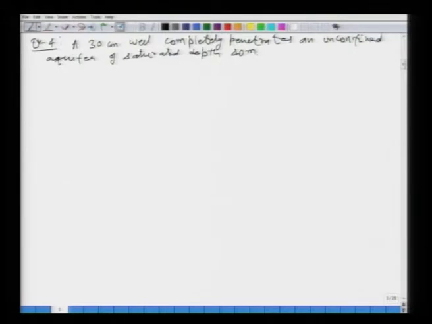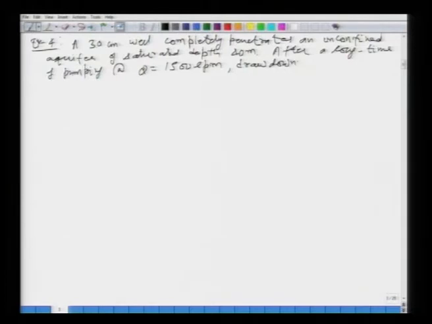So, what is this? This is your capital H. After a long time of pumping, so you are pumping water from the unconfined aquifer, and after a long time of pumping at the rate of Q is equal to 1500 liters per minute, that is the yield from the aquifer.